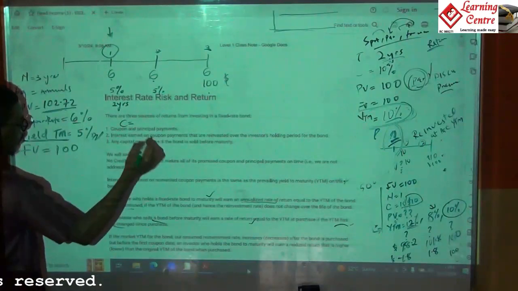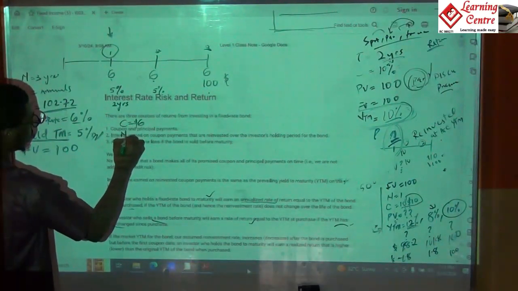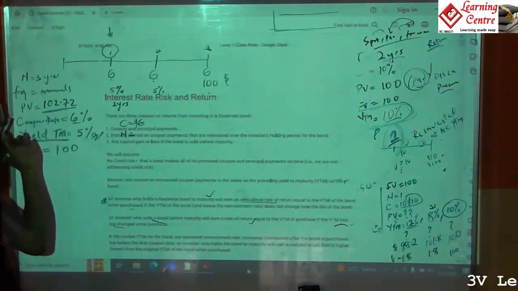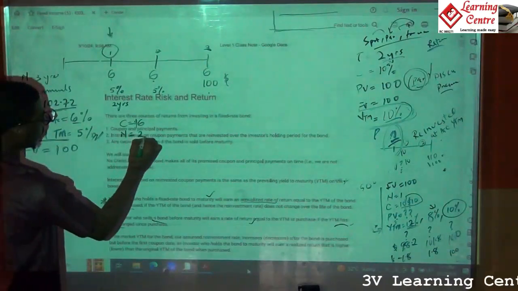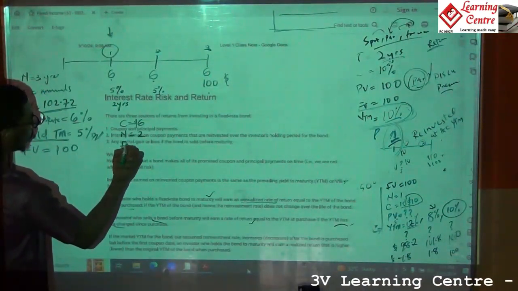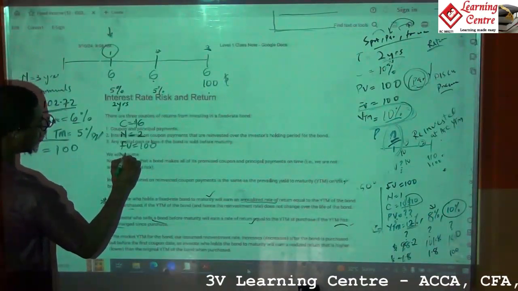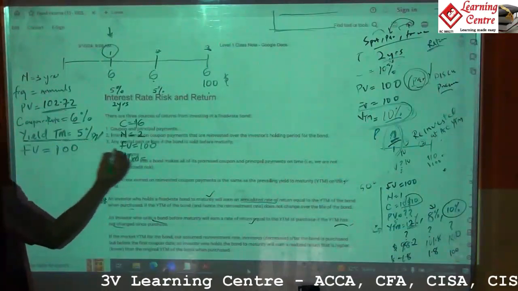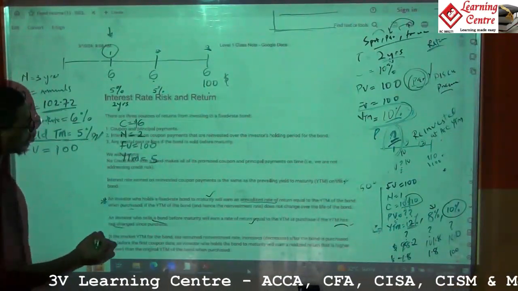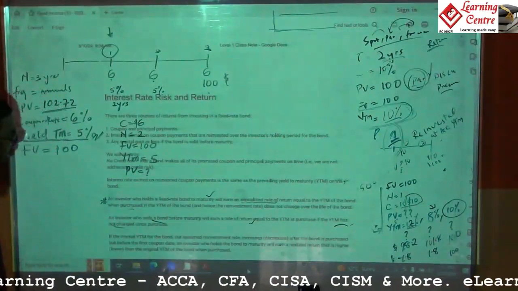The tenure is how much? How many years? 2 years. Face value what? 100. YTM what? We say it's the same. Fine. So compute the price. What's the answer?